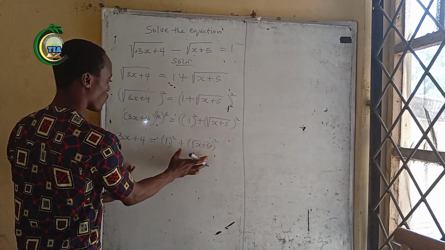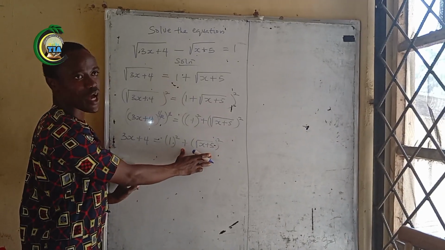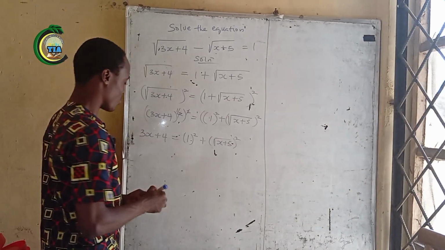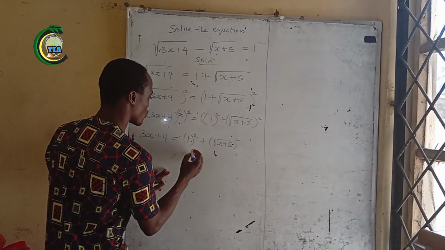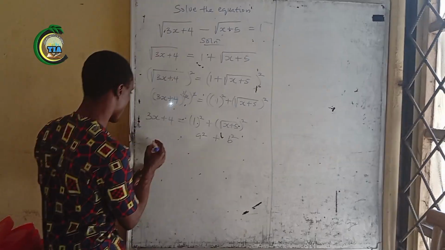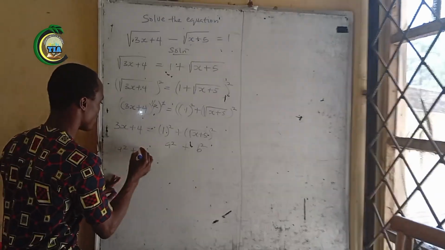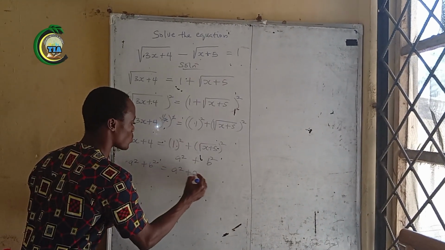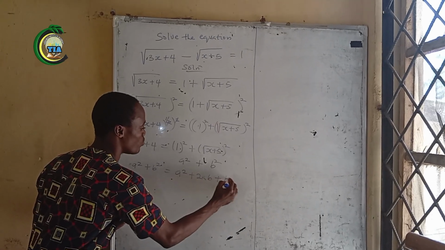Then at this point, for this right hand side, we are going to apply the sum of two squares. Now remember, we are going to place a square plus b square here, whereby a plus b all squared is equal to a square plus 2ab plus b square.